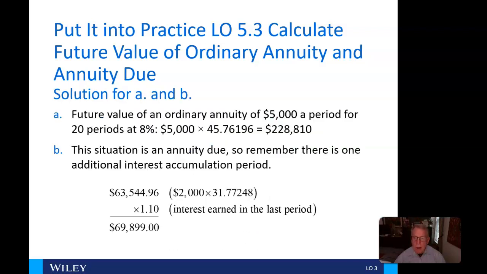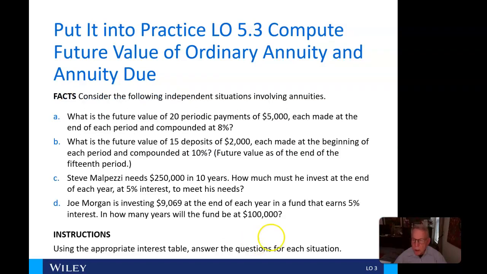Okay, whoops, let's go back to Delta here. Joe Morgan is investing $9,069 at the end of each year in a fund that earns 5% interest. In how many years will the fund be at 100,000? So what do we do there?